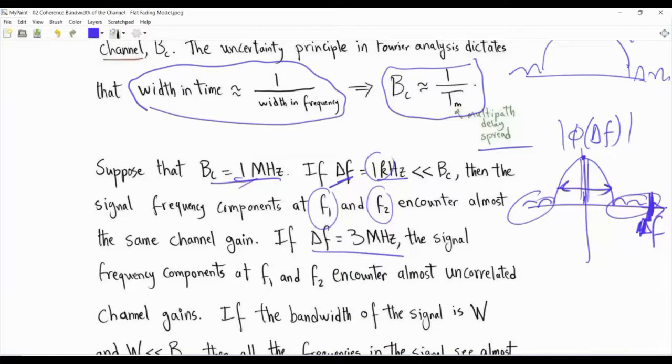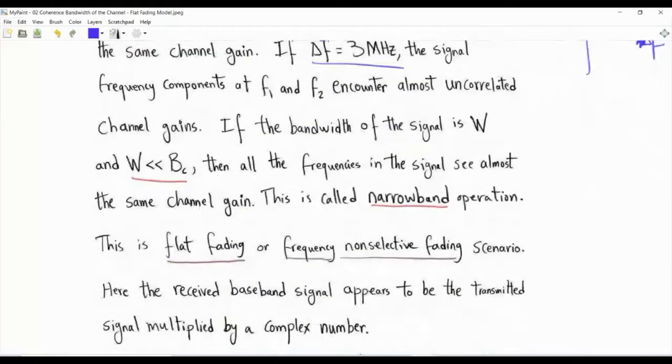Now, small or large relative to what? Relative to the width of the correlation function, which is called the coherence bandwidth of the channel. Suppose that your signal has a bandwidth W, so every frequency in the signal is between minus W and W, and W itself is less than or equal to the coherence bandwidth of the channel. What does this mean?